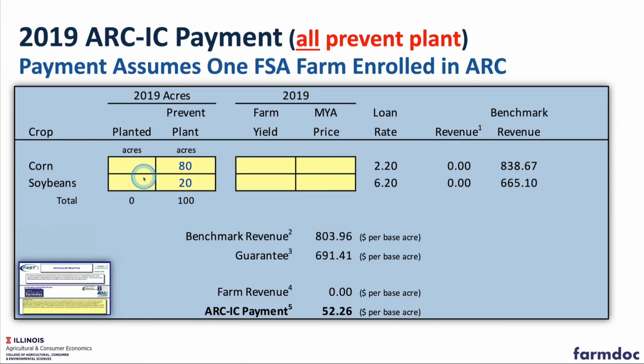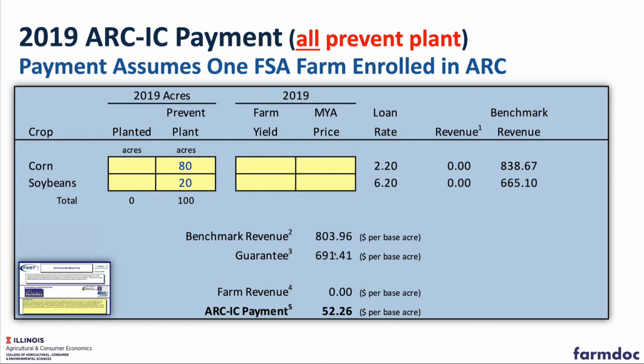When you calculate a payment for 2019, you enter your prevent plant acres, and this farm has all of it prevent plant. This has 80 acres of prevent plant corn, 20% prevent plant acres for soybeans. You get $803.96 benchmark revenue, which is the weighted average of corn and soybeans here. If you had more farms in this, that's how those weighted averages would be calculated.